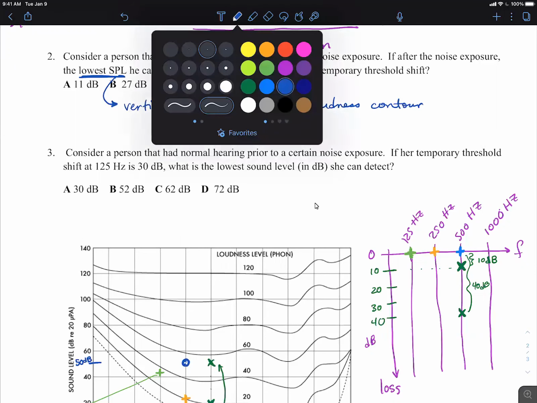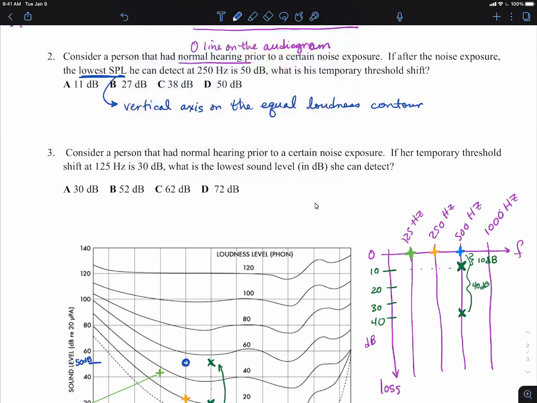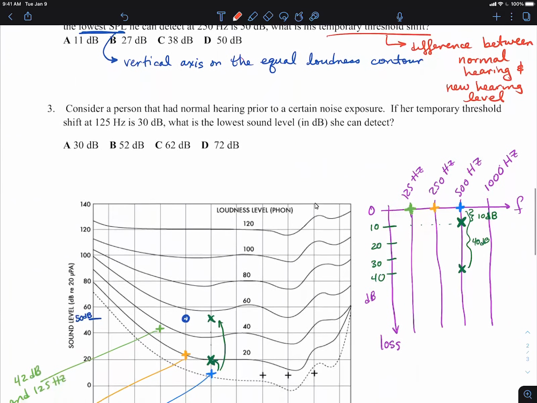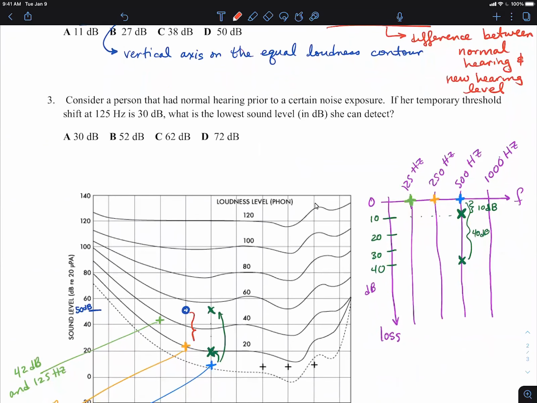All right, and then this last part is asking, what is that temporary threshold shift? The temporary threshold shift is the difference between normal hearing and the new hearing level. So that difference will be right here.